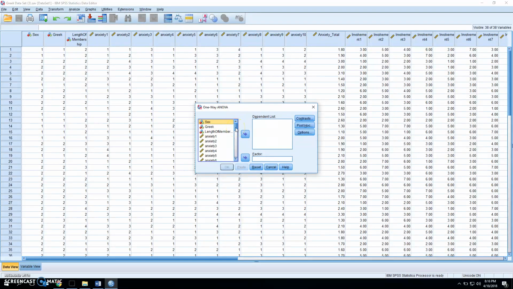Again, we're going to look at our first factor, which is the type of Greek, and then we'll go down to our involvement total. Choose that one. We don't need to choose any other test or options at this time. Everything that we've chosen is correct, and as you see, the OK button has appeared, so that means we can run the test successfully.